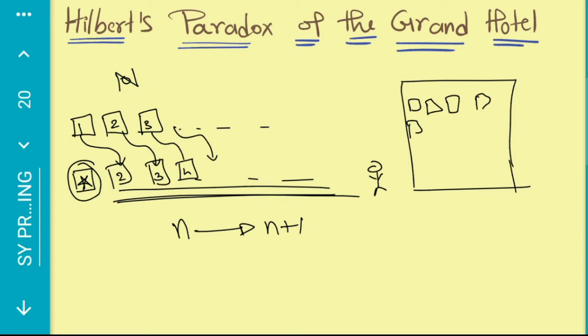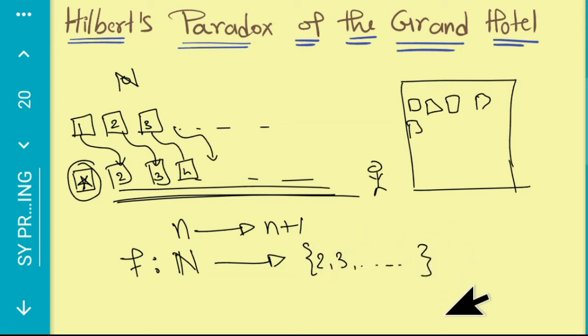So you defined a map n to n plus 1. What is that map? F from the set of all natural numbers to the set 2, 3 and so on till infinity. Now if you observe, this map is a bijective map.